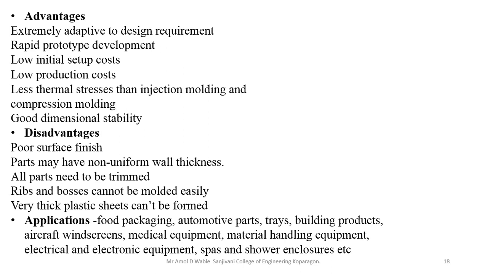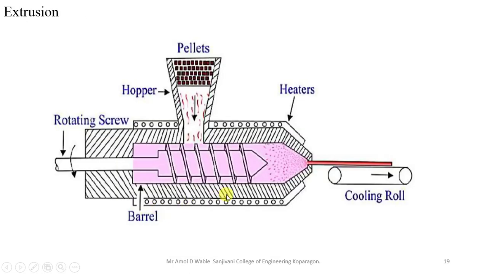So if there are critical parts or shapes requiring a particular thickness, this process cannot be used. Very thick plastic sheets can be formed, so this will not come under disadvantages. That is, very thick plastic sheets can be formed, so this will be in advantages.